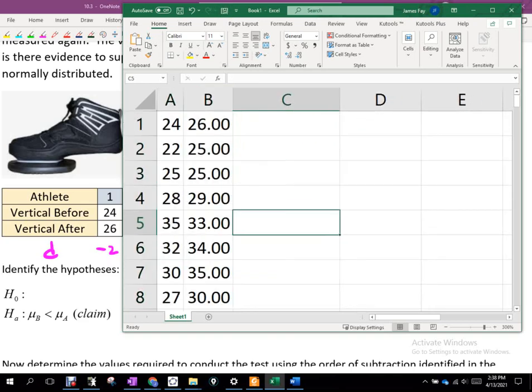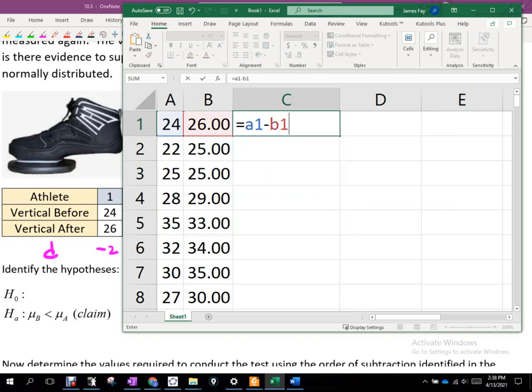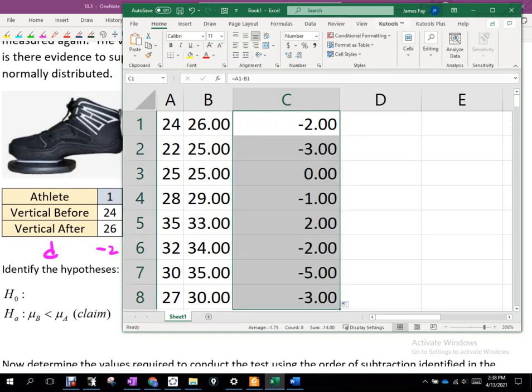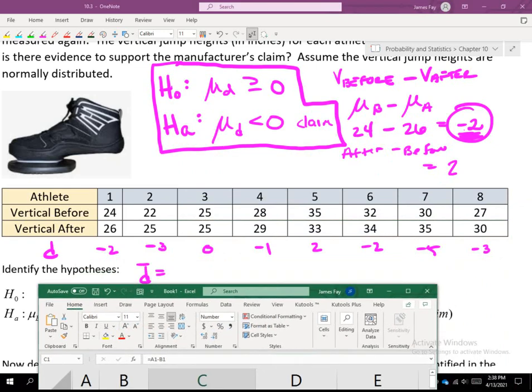This was person 1 before and after, person 2 before and after, and so forth, all the way through person 8. If I want to find the difference of those, it would be the way that we did it, A1 minus B1. We got our -2, drag that down, and we see all those other differences that we calculated, right?